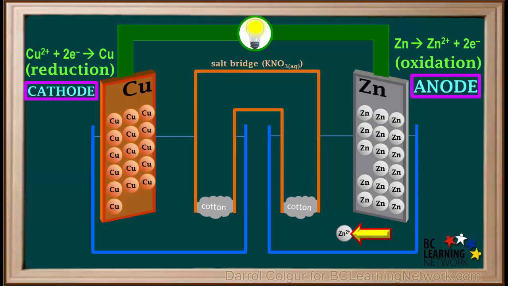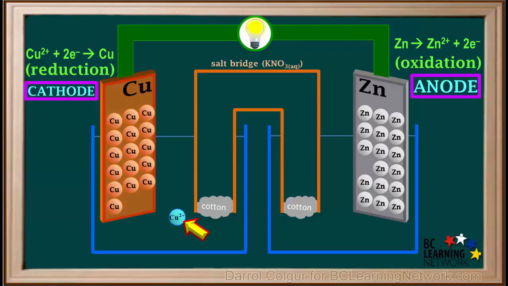If we consider just zinc cations that came from the zinc electrode, they move into the salt bridge as they migrate toward the cathode, just like other cations. Now the copper cations that were already in the copper 2 nitrate solution around the cathode are cations too.